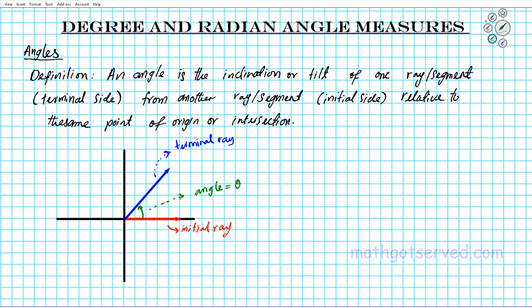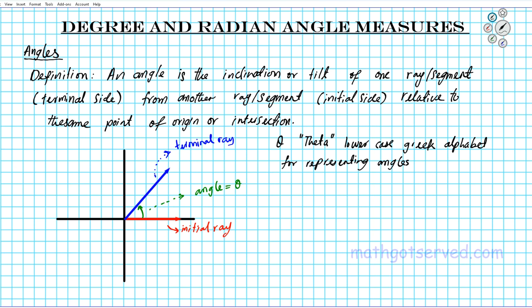Theta here is a lowercase Greek letter and is customarily used to represent angle measures, because a lot of the contribution to the development of angles, trigonometry and geometry originated from Greece.